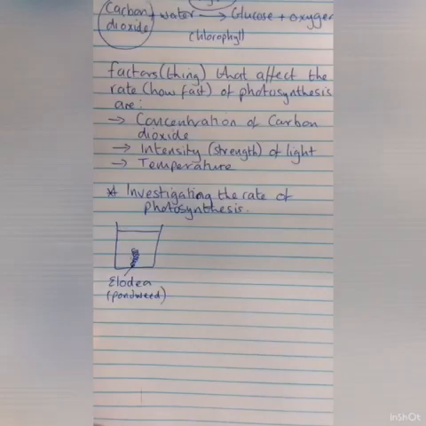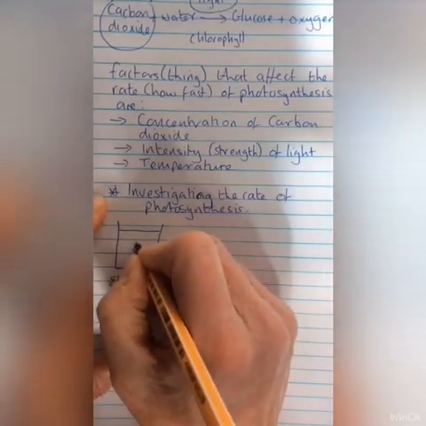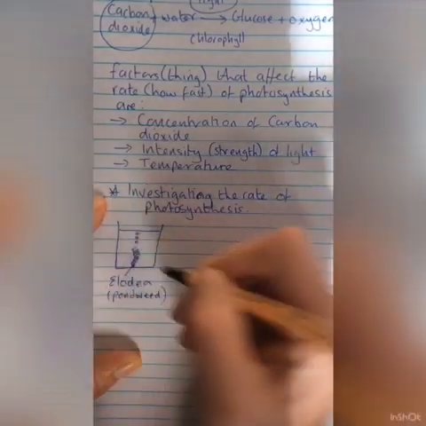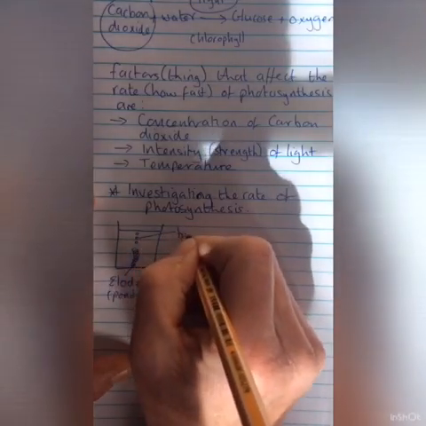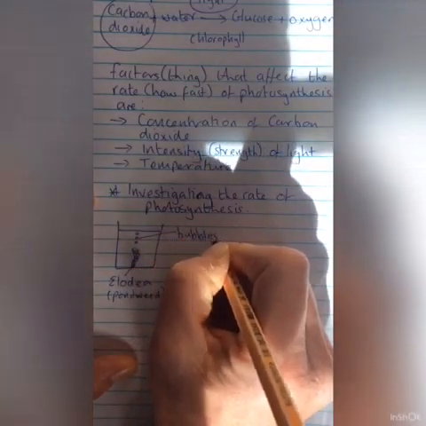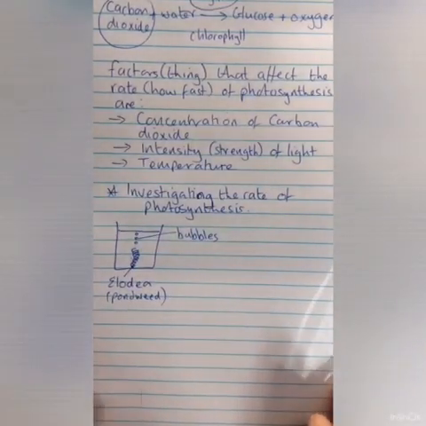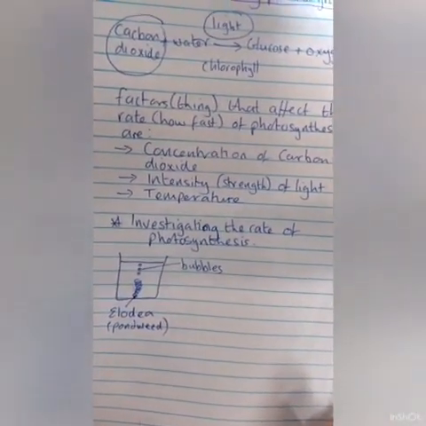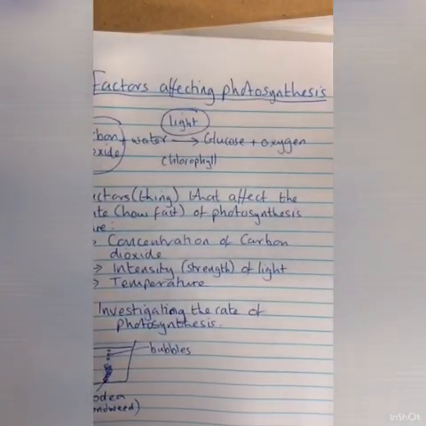If I get some pondweed and I put it in water, if you look really closely, what you'll see is that little bubbles appear and float to the top. Now, let's have a think about what those bubbles might be. They've been produced by the plant. So if they're bubbles in water, they must be a gas. So which gas is this plant producing?